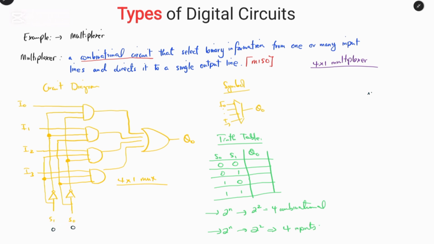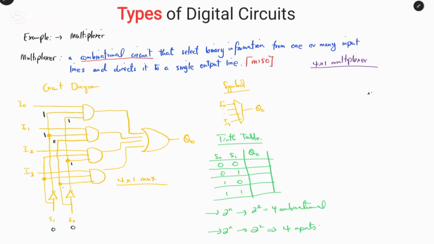So when both inputs are 0, that means when we invert, this will be 1 since it is inverted, and this line should also be 1. And from these select lines S0, we should have 1 and 1 at this input. So all the rest will be 0, such that this line will be 0 and this line will be 0.